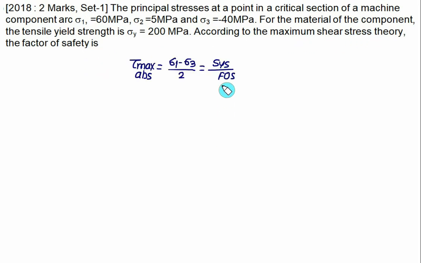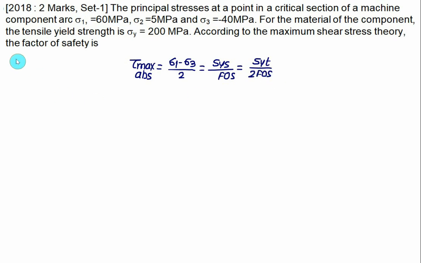So the factor of safety according to the maximum shear stress theory is: tau max absolute is (sigma 1 minus sigma 3) by 2, equal to SYS divided by factor of safety, which is the same as SYT divided by 2 times the factor of safety.